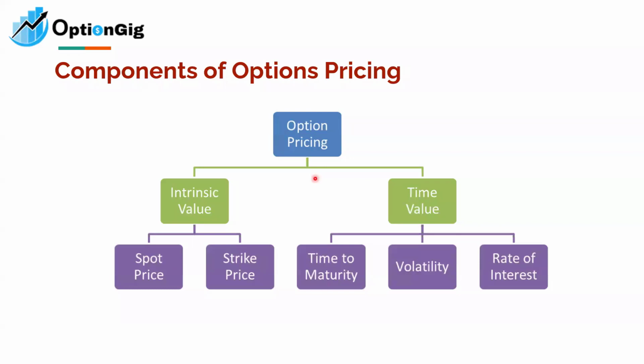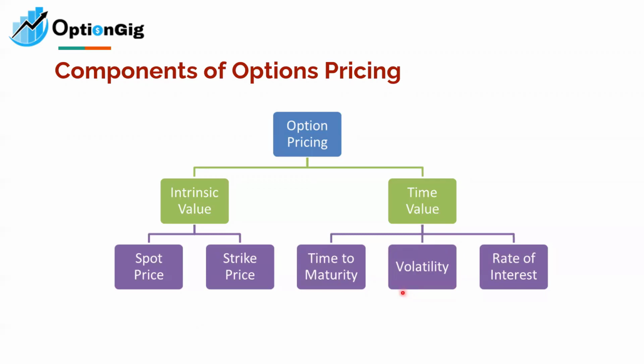Now, on a day-to-day basis, some of the factors change, some of the factors don't. For example, the rate of interest doesn't change every day. In some cases, it doesn't change for months. So I don't have to worry about the rate of interest. Volatility, yeah, could change depending upon what day it is.